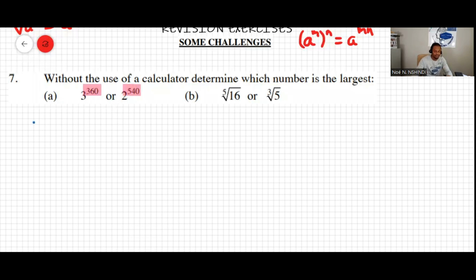I say divide by 90 because if we cover the zeros, we have 36, which is a multiple of 9, and 54 is also a multiple of 9. This is 9 times 4, and that is 9 times 6. So this part here is 90 times 4, and this other part is 90 times 6.